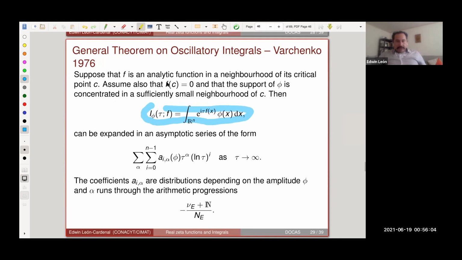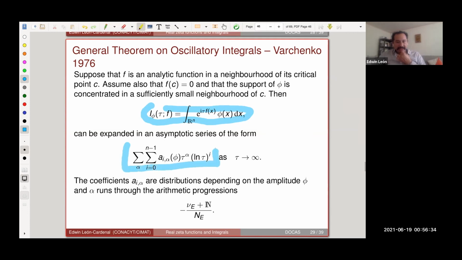We also need to assume that at this critical point the function f is equal to 0, and then the support of phi, the amplitude, is concentrated in a sufficiently small neighborhood of c. In that case, we can prove that this integral admits an asymptotic expansion of this form.